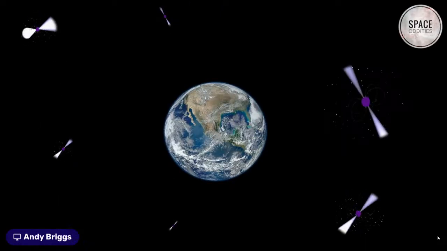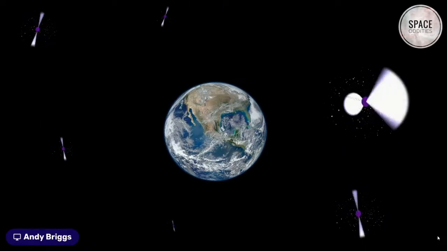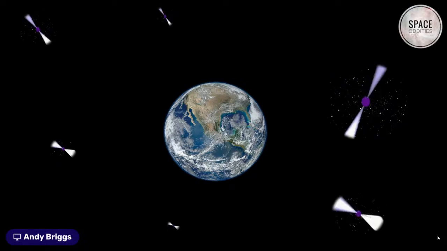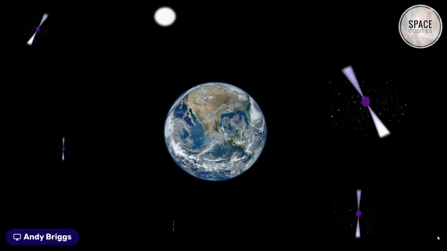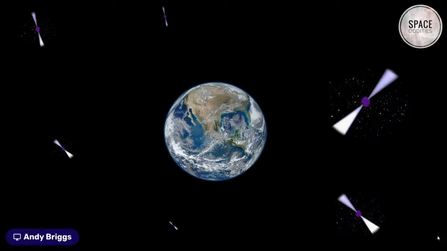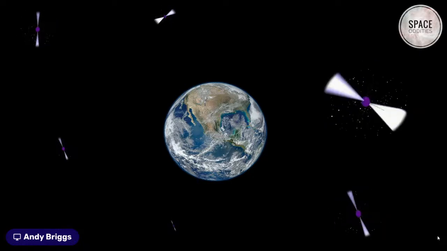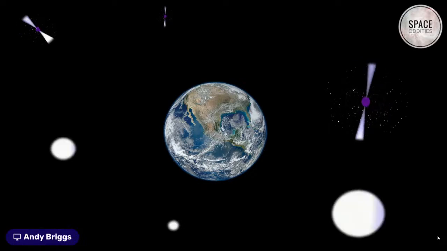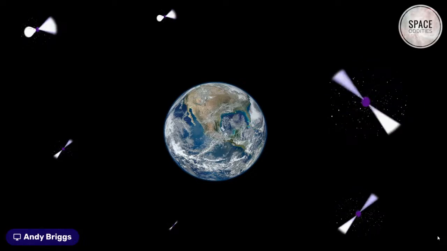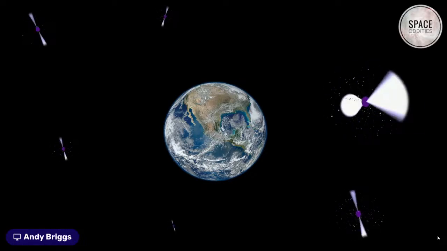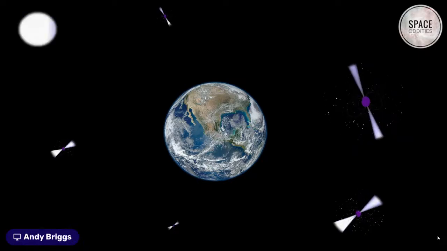Astronomers have used 68 of these, all at different distances from the Earth. As the pulsars spin, these lighthouse-like beams of electromagnetic radiation, be they X-rays or radio, flash in the direction of the Earth so that we can see them.